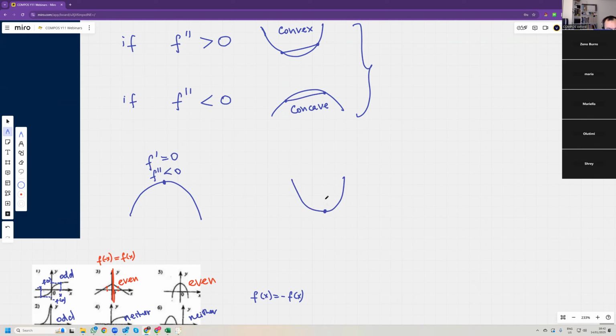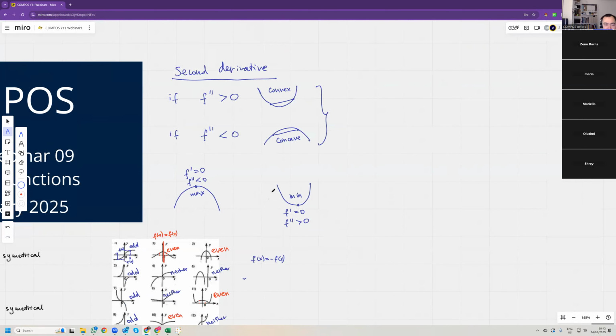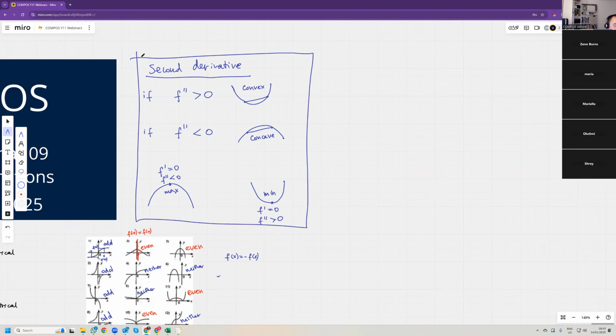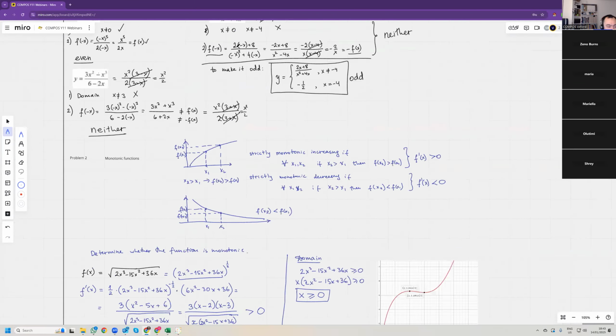You have a minimum point if the first derivative is 0 and the second derivative is positive. So that's a very useful tool to use, the second derivative. So you can identify whether the function is convex or concave.